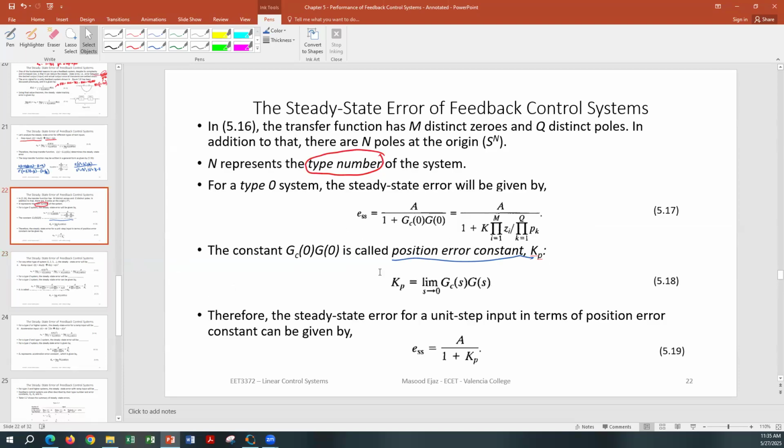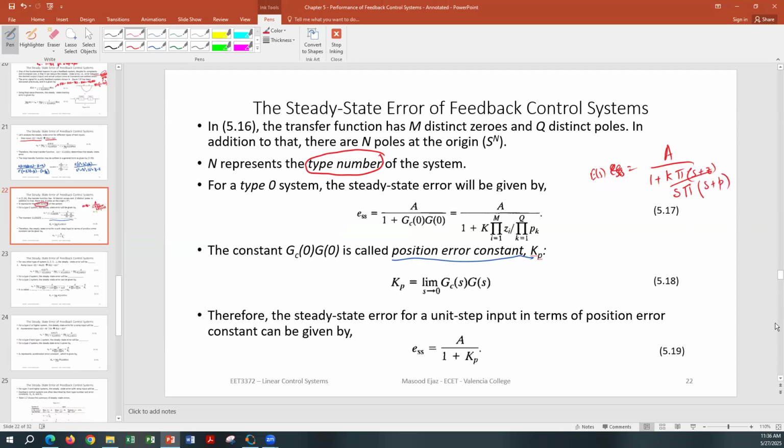Again, if you look at the steady state error for a type 1 system, it is going to be A over 1 plus K times the product of (s plus z's), divided by s times the product of (s plus poles).